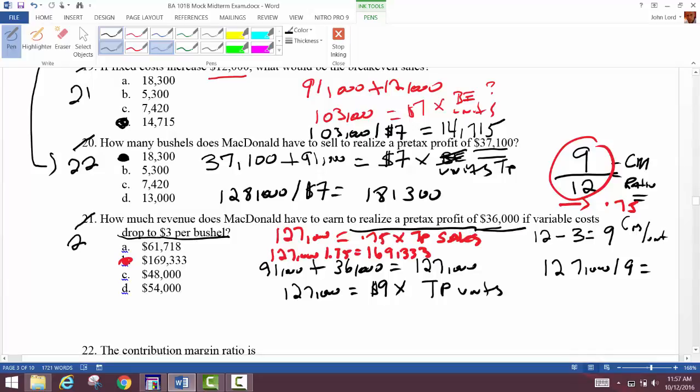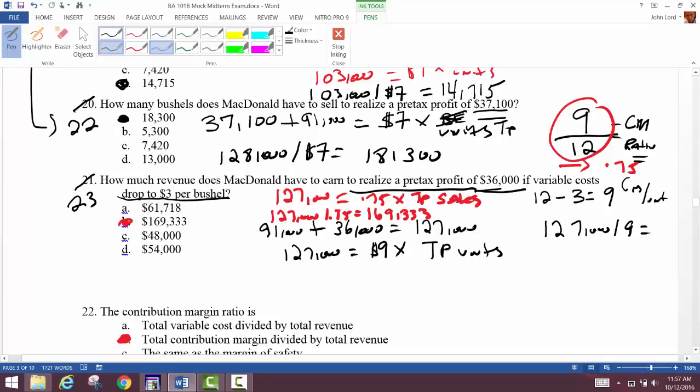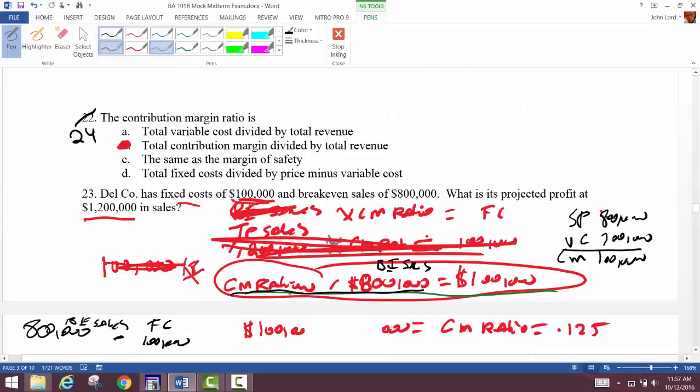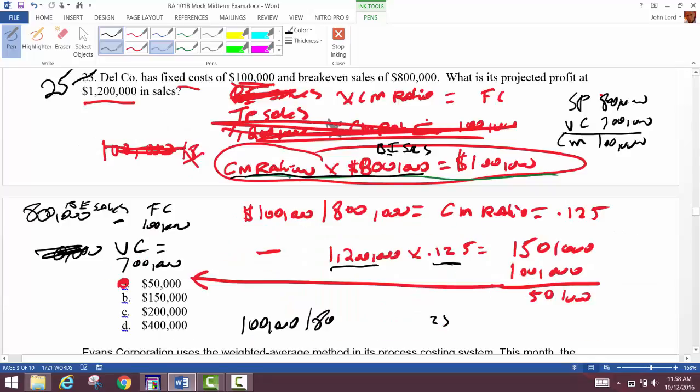That was 23, right? Number 21 was 23. 22 was 24. 23 was 25. So now we're on 26.